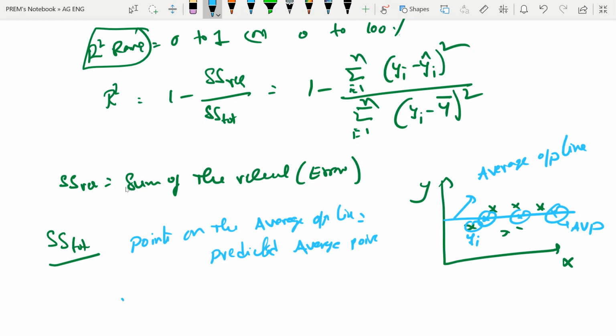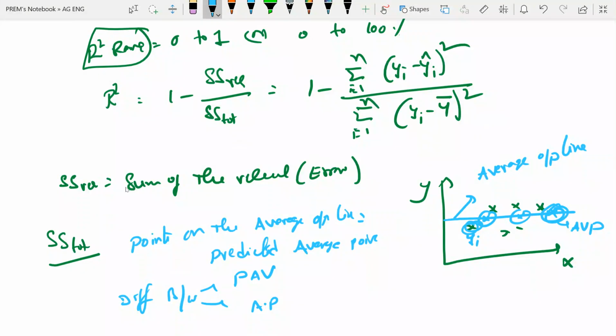So we have to find the difference between the predicted average points and the actual points, which lie outside the average output line. So we have to find the error.